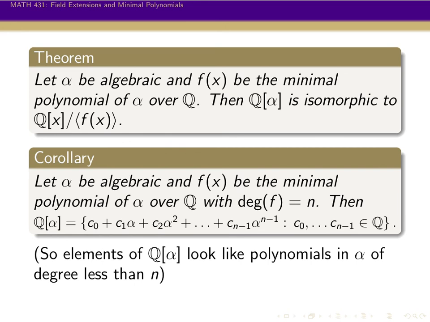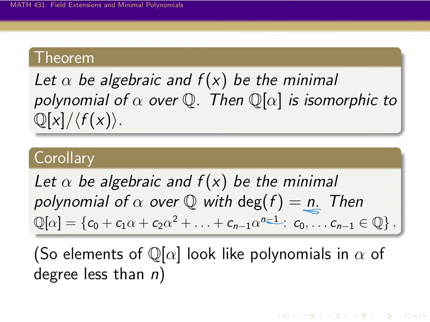They're going to look like a rational number plus a rational number times alpha plus a rational number times alpha squared, up to a rational number times alpha to the n minus 1, where n minus 1 is 1 less than the degree of the minimal polynomial. So really, the elements of Q adjoin alpha look like polynomials, but instead of using x as a variable, they're in alpha, so polynomials in alpha where the degree is less than n.